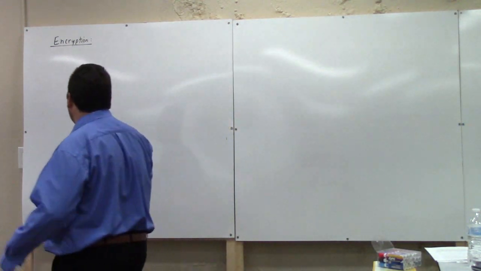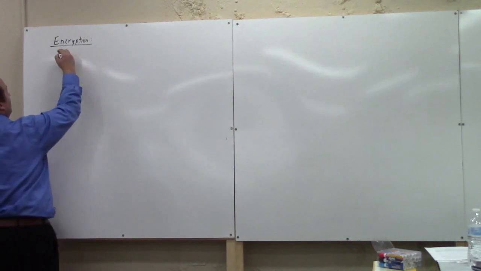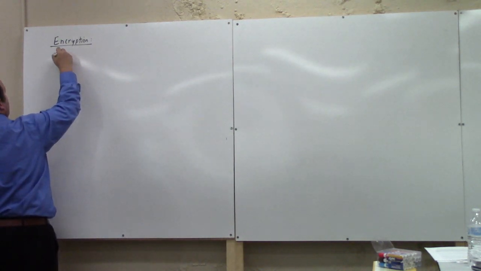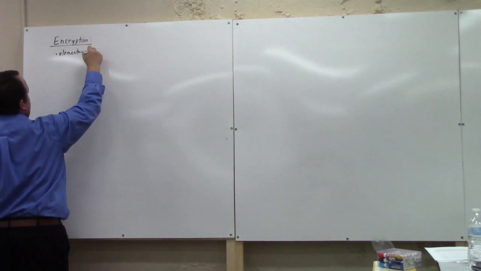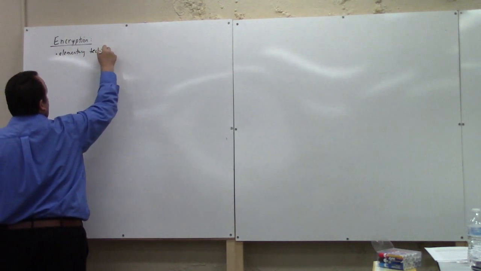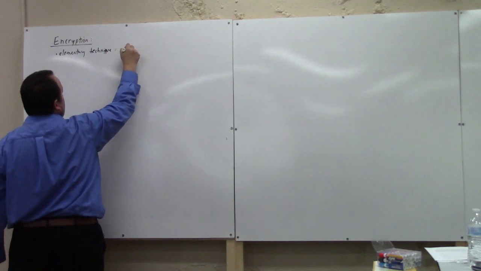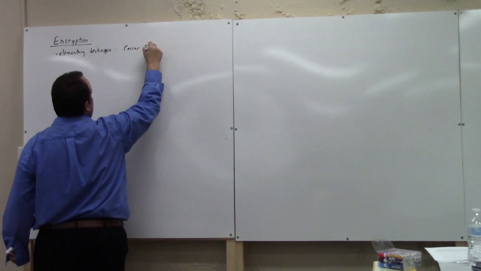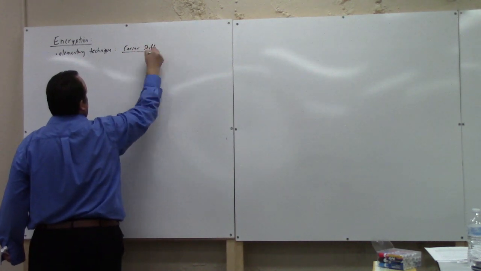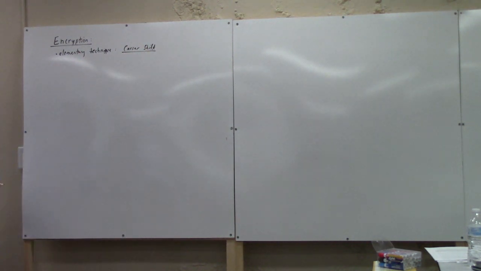The first elementary technique is what you'd call the Caesar shift. The idea is pretty simple: you come up with a code.